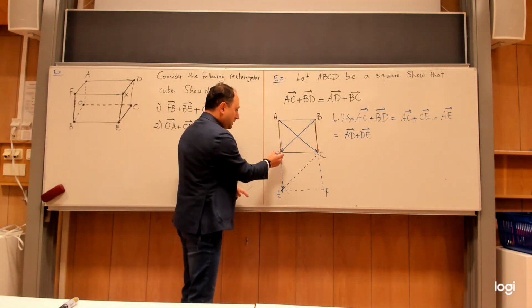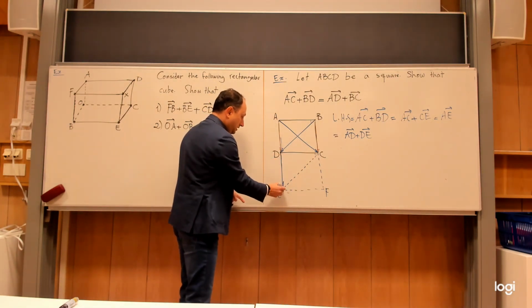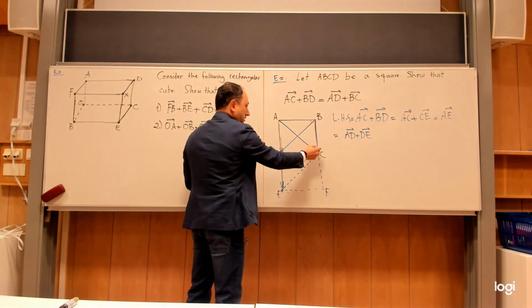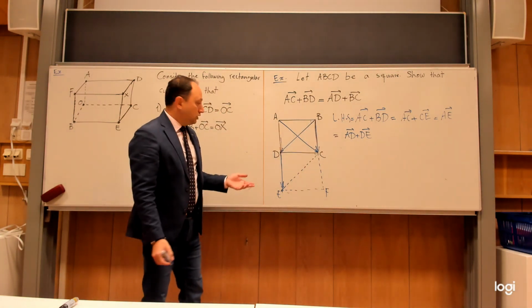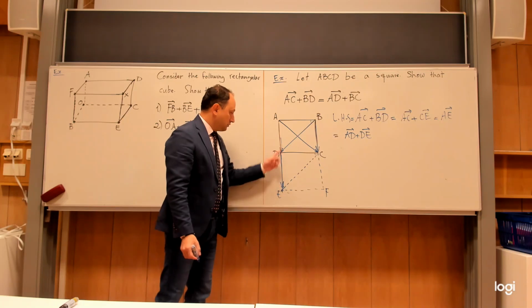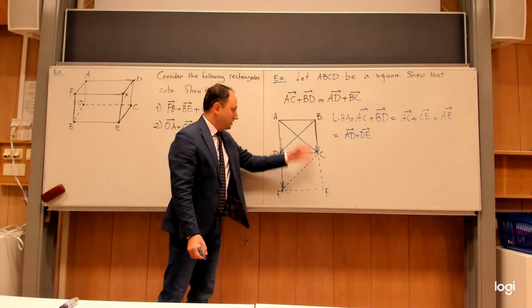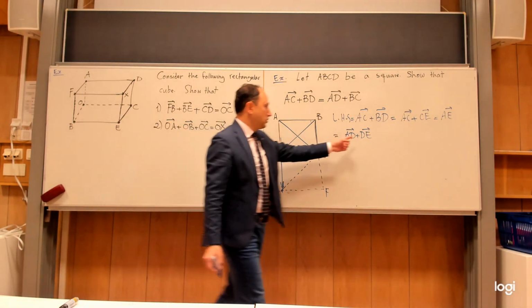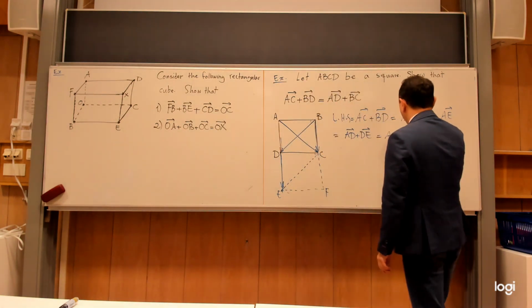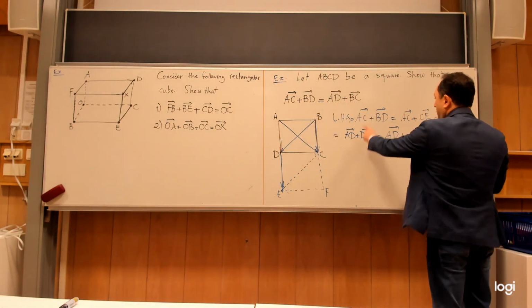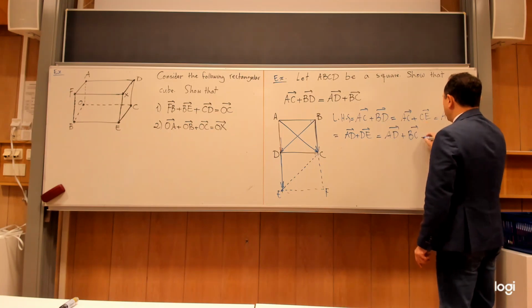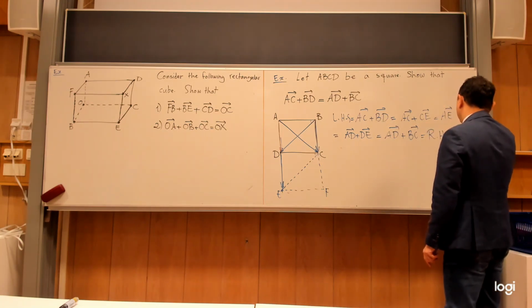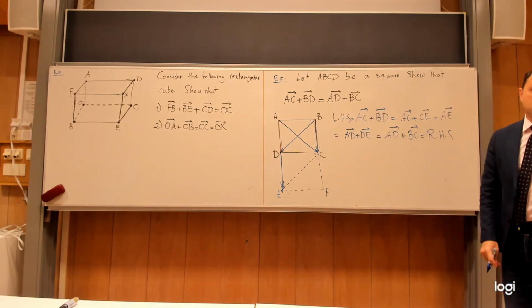What is the relation between this vector here and this vector BC? They are equal because this one is parallel to that one, the size is the same, and the direction is the same. So instead of DE, you can write BC. And then this means that this is the right-hand side. Very good, thank you. So I wasn't thinking in that way, but this works.